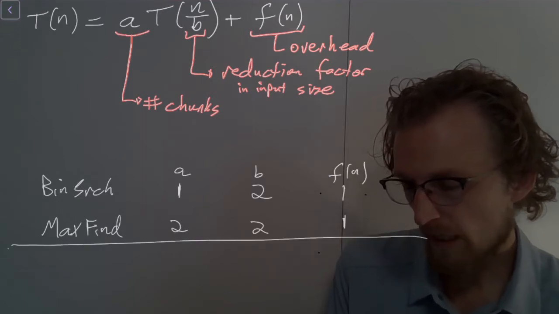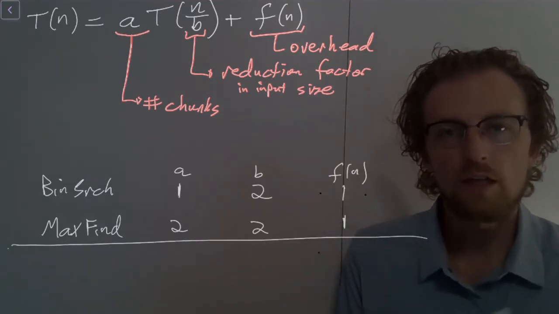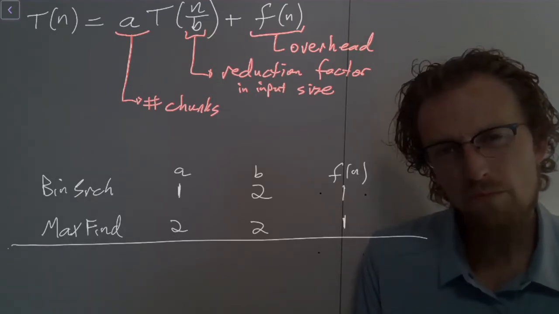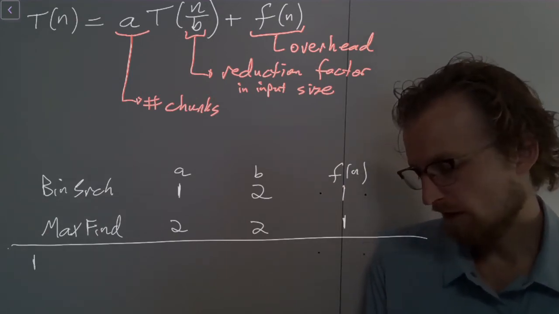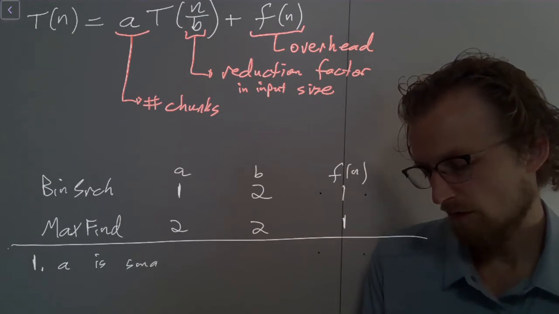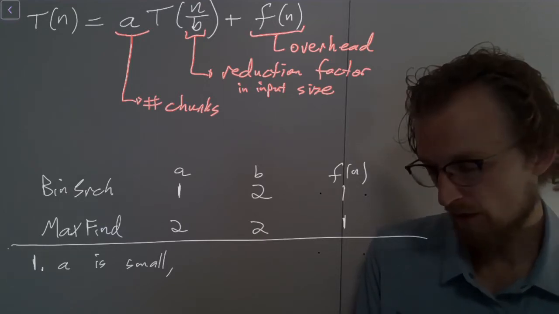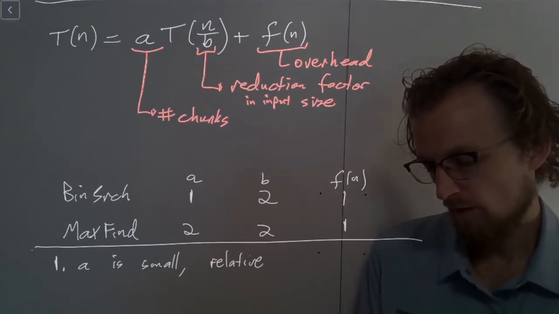So first of all, we can ask, what happens if the overhead term is the most important part of the recurrence relation? And so what does that mean? Well, it basically means that a is small. So our case 1 here will be a is small, and in particular, it is small relative to the overhead term.